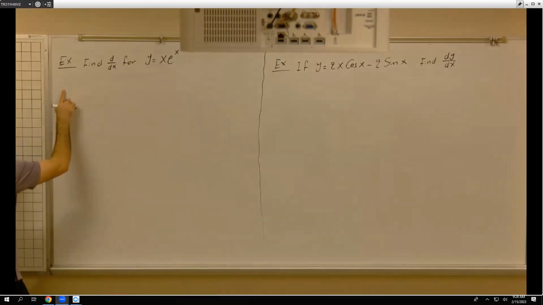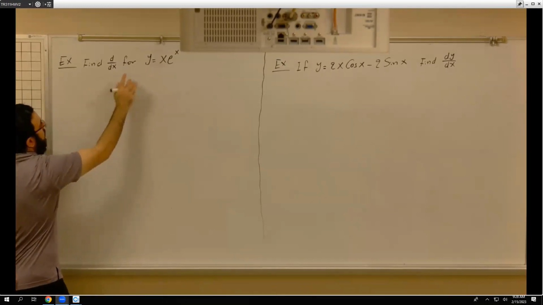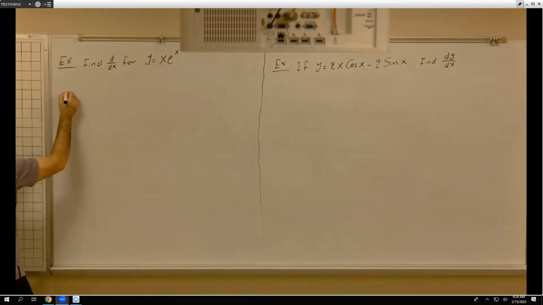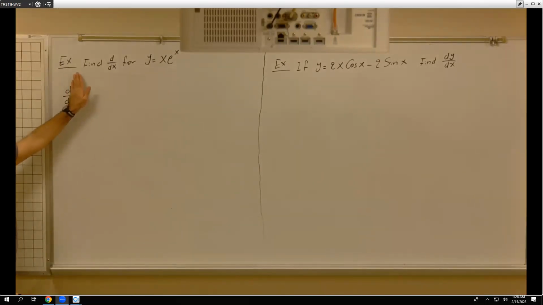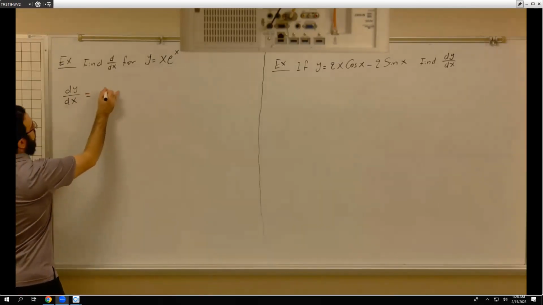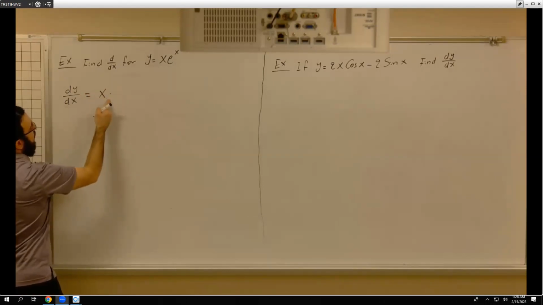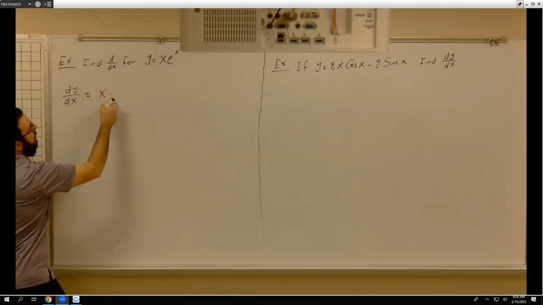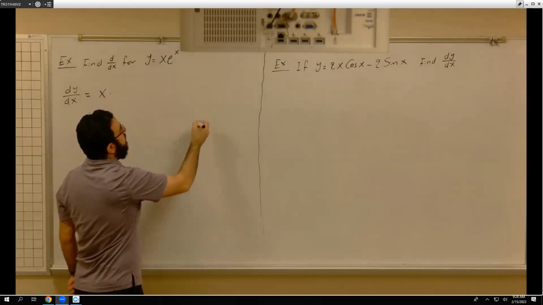That's why the derivative for y is going to be dy over dx, that means d over dx for the y function, which is a product between 2 functions. So it's going to be the first one, which is x, times the derivative for the second one, the derivative for the exponential function.